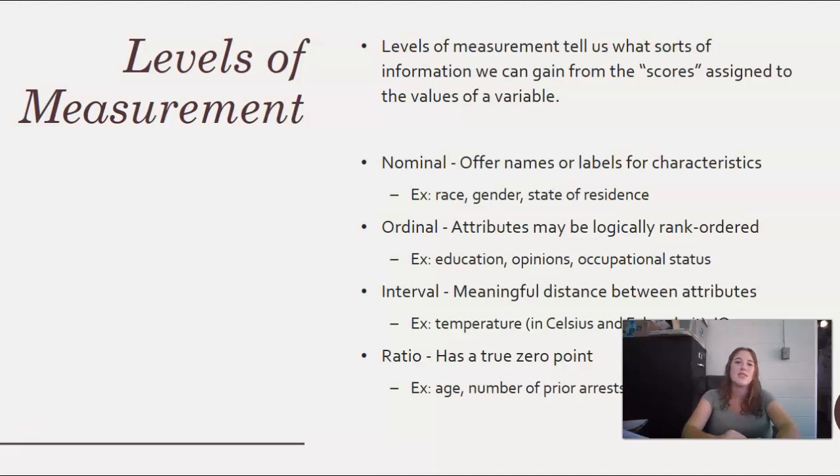But we can't say that it's 40 times higher, because that's a ratio measure. And just so you know, the only temperature scale that has a true 0 is the Kelvin scale. And so on the Kelvin temperature scale, 0 degrees means no heat, the complete absence of heat. But that's not true for Fahrenheit and Celsius.